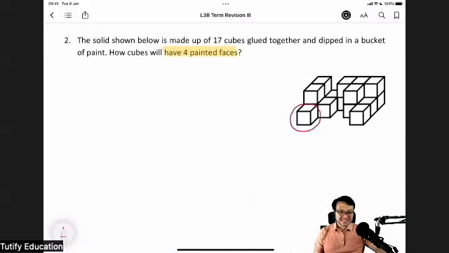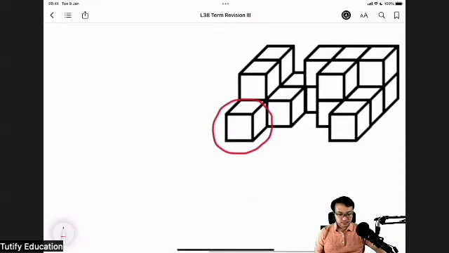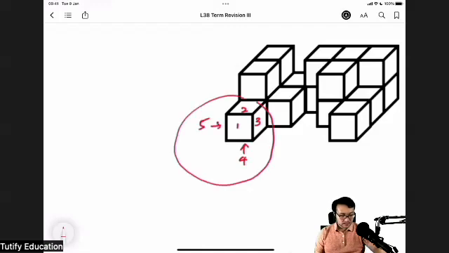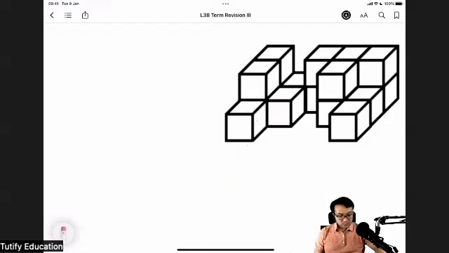You just need to know how many sides are being covered. If you look at this cube, how many sides of this cube are being covered? 1. Yes, and one on top. 5 faces are going to be painted. So we do not want this because the question is asking you for 4 faces. We're not going to count this.